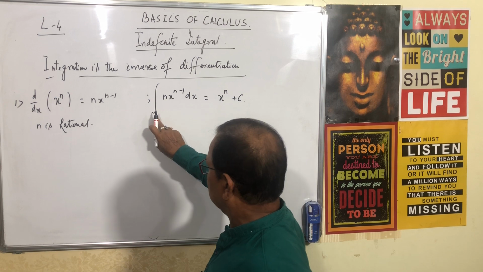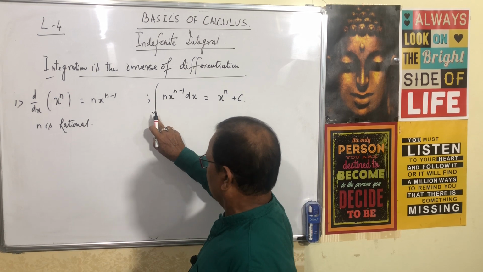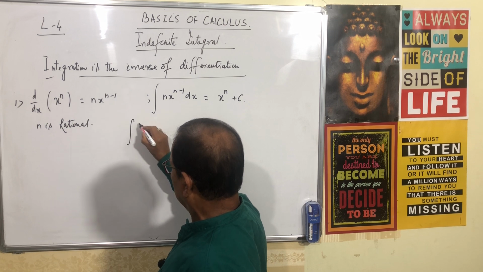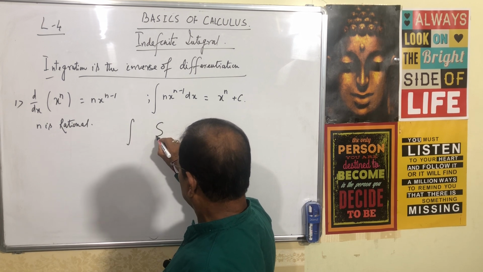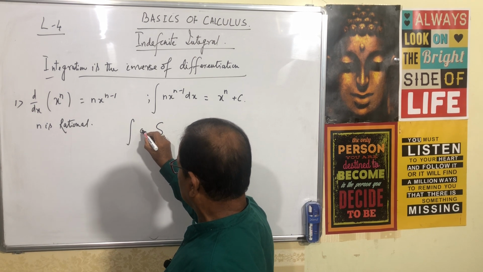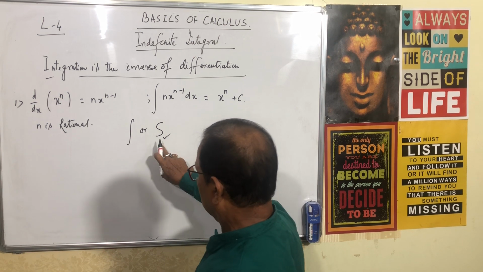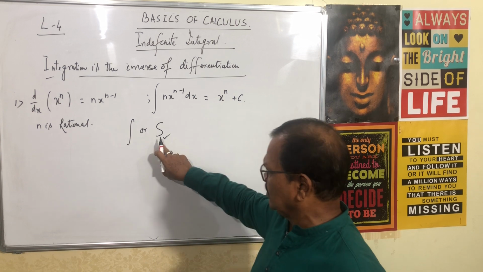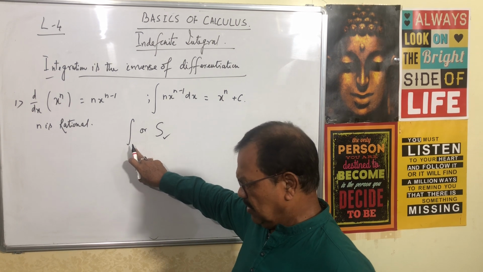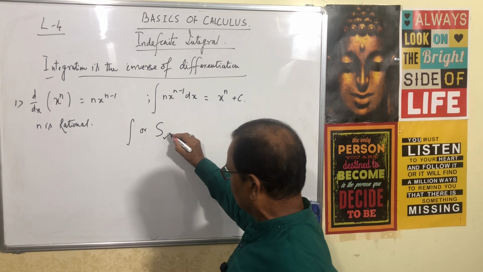So, this sign of integral is the symbol of S. This is S, or simply you write it like this or this. You all know the meaning of this symbol. Now, this is coming as S from summation.